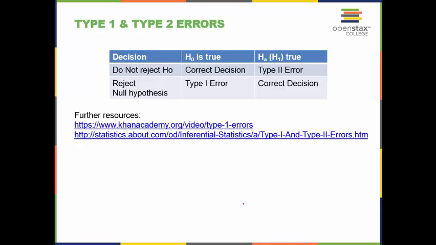The same thing here, when H naught is true and you reject it, it's called a type 1 error. And when H1 is true and you reject the null, that's the correct decision. So these are two good resources, and I would want you to go back in and watch these two recordings on the types of errors.